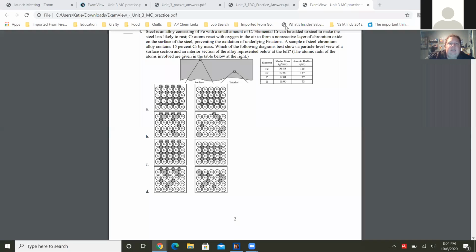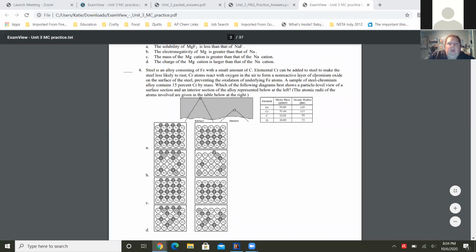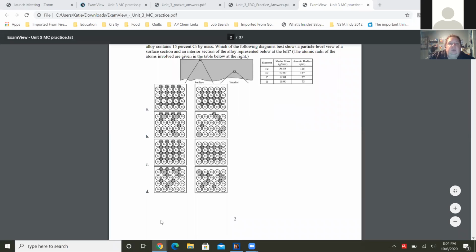is that the whole point of making the chromium oxide on the surface is to make sure that the iron underneath doesn't get rusted. The surface models look pretty much the same, but in D's interior, it shows oxygen down in there.